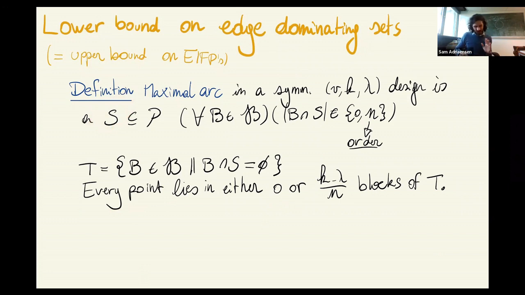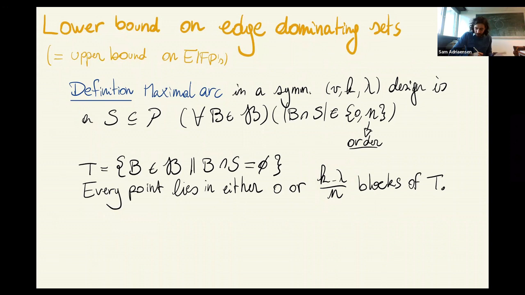And every other point, it's a straightforward counting exercise, every point outside of S will lie in exactly (k minus lambda) over n of these blocks. So yeah, when are these two arcs of the same size?